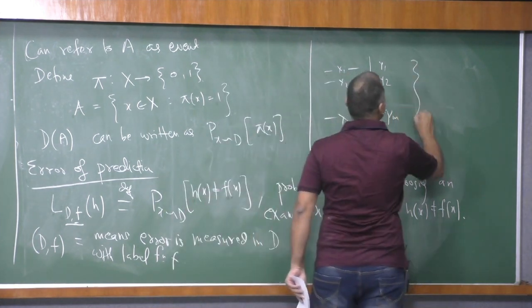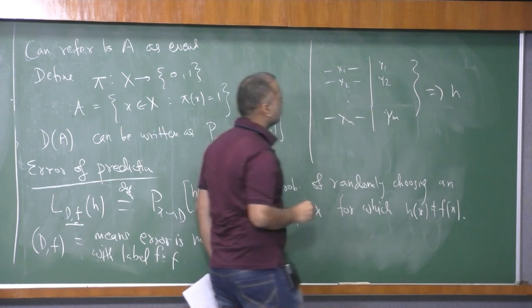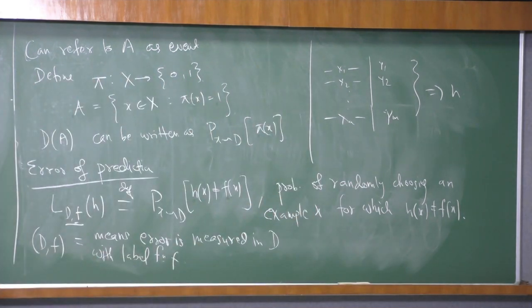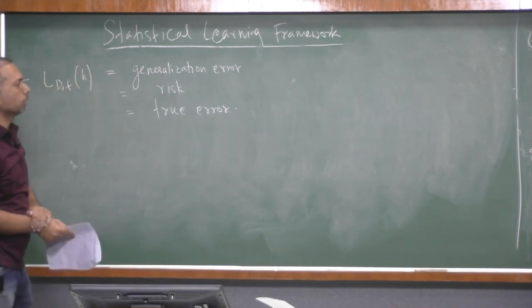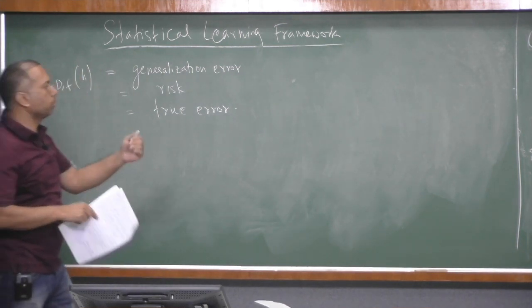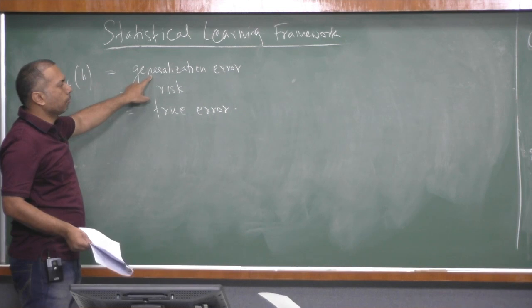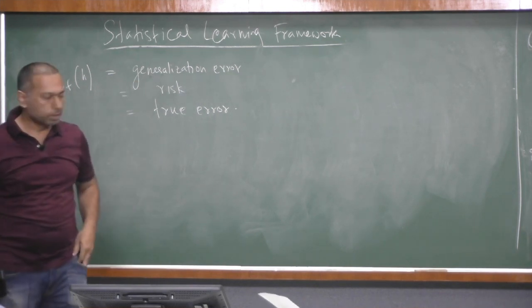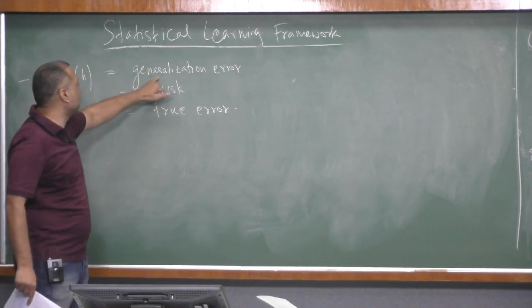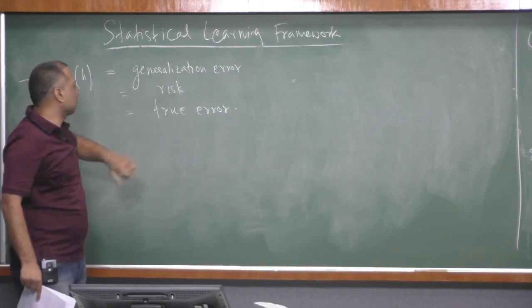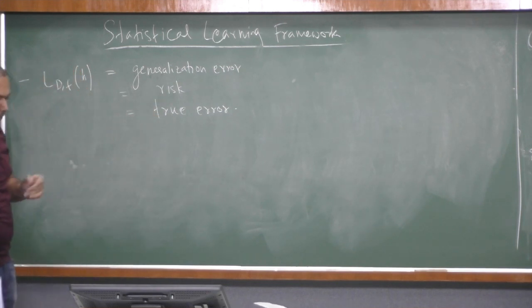So this outputs some prediction rule H, and by generalization we mean whether H is able to predict correctly on new data. So can it generalize? That's what the machine learning community will say. Oh, you've built a prediction function. Can your prediction rule generalize? Meaning, on new data, does it make less and less error? Then we say the generalization error is very small. We say risk is small, true error is small, things like that.